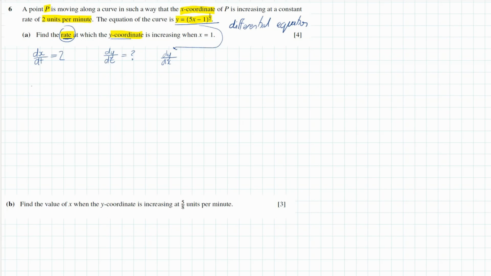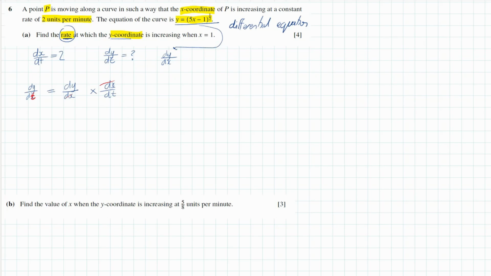So we know that dy/dt is going to be dy/dx multiplied by dx/dt, and you can see, I hope, that the dx will cancel out, and that will leave you with dy/dt, which is what we want to find. Whoops, I've just noticed a mistake here. We want to find dy/dt, and that's how we're going to do it.